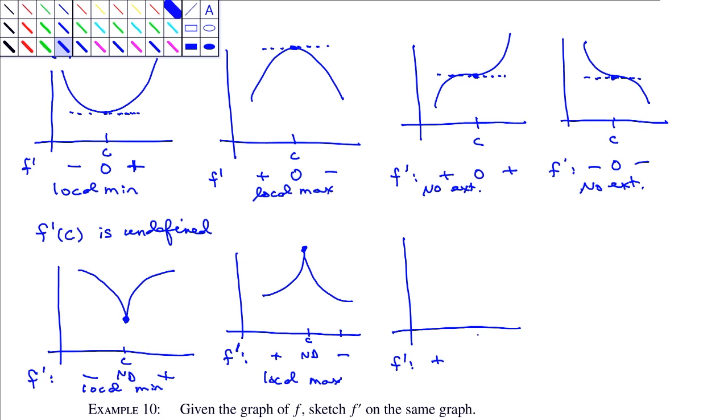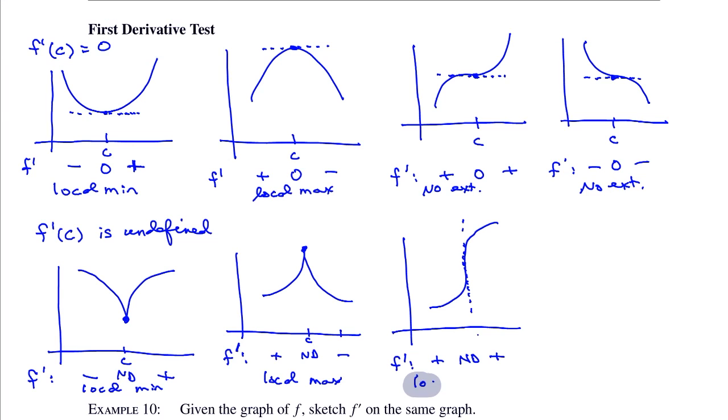Then suppose we have increasing, undefined, and then increasing. It looks like this, where at some point here the tangent line would be vertical, and that is no extremum.